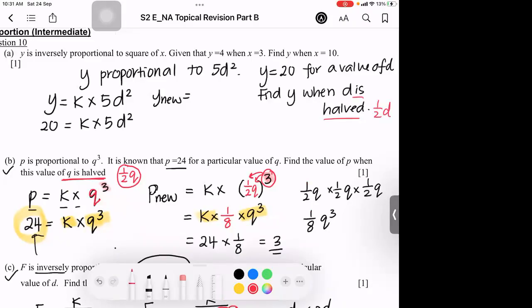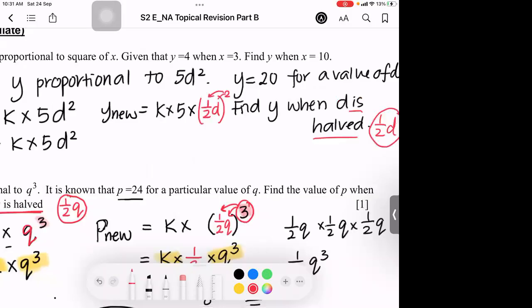Okay, so Y the new value is equal to K times 5 times D squared, where the D is half D. So I put the D as half D. Then the power 2 must apply to half, must apply to D. So I got half D times half D. So this one is K times 5 times half D times half D, 1/4 times D squared.